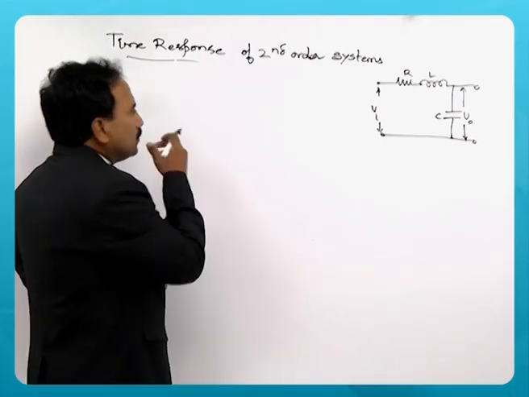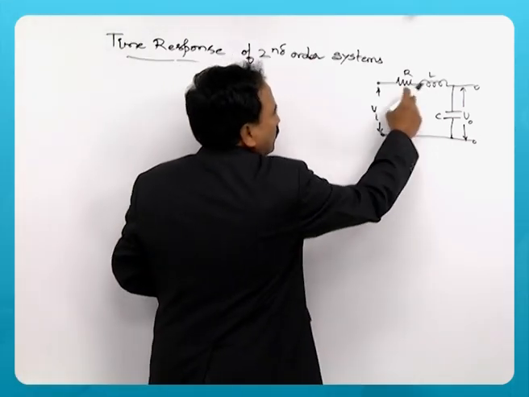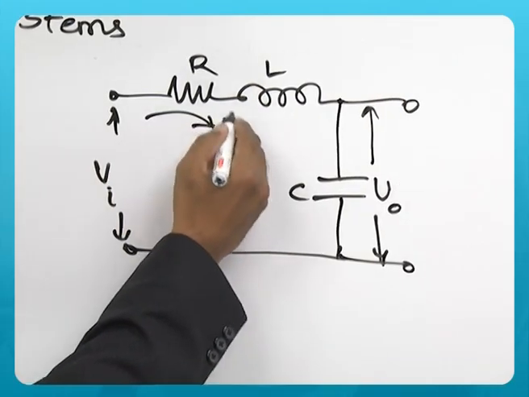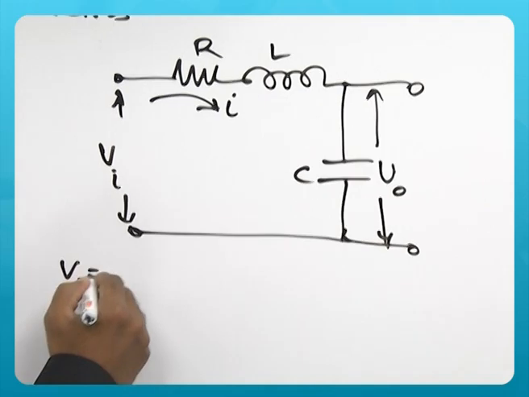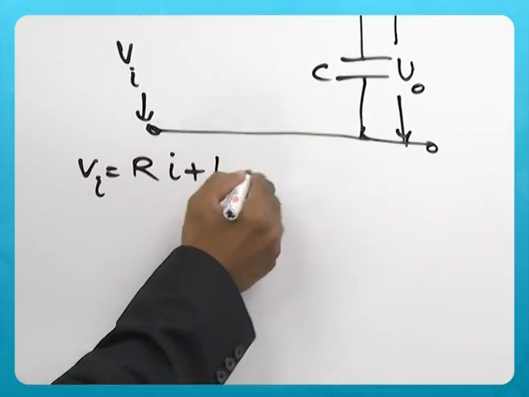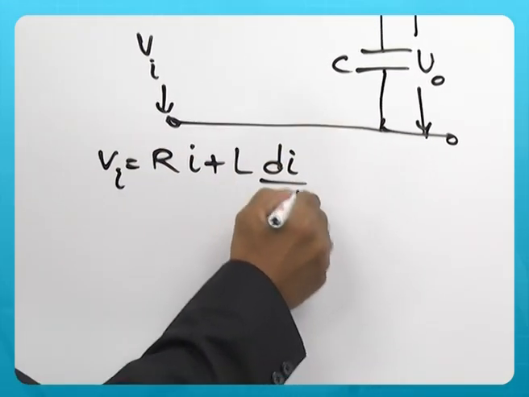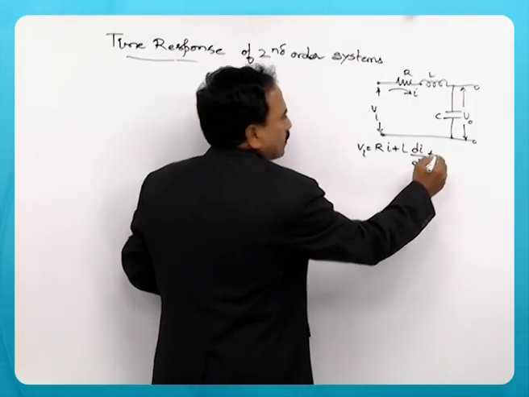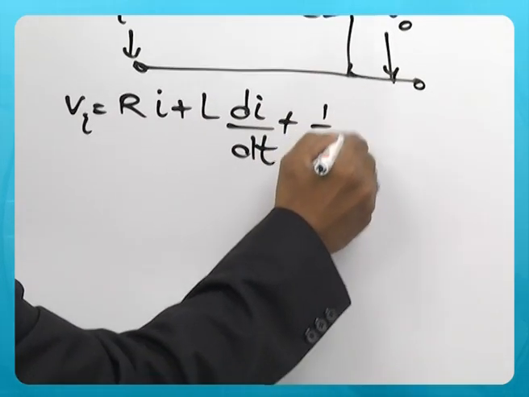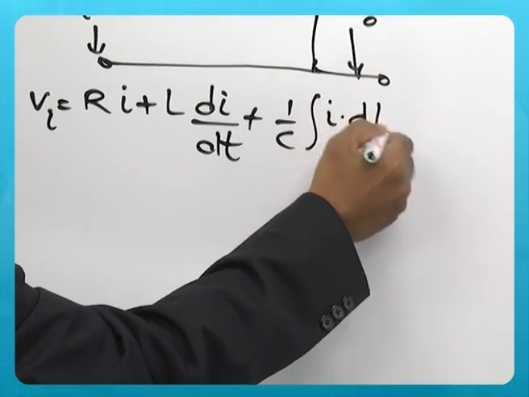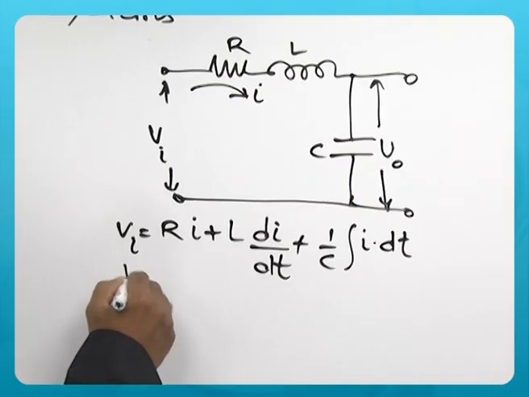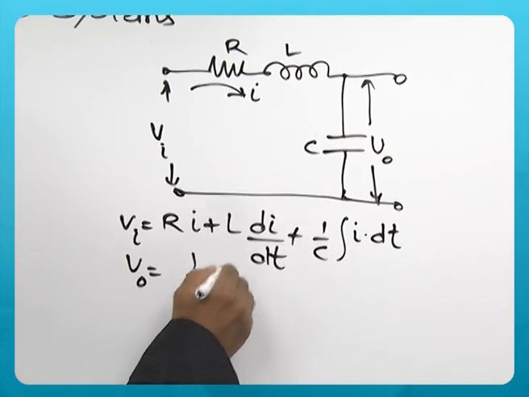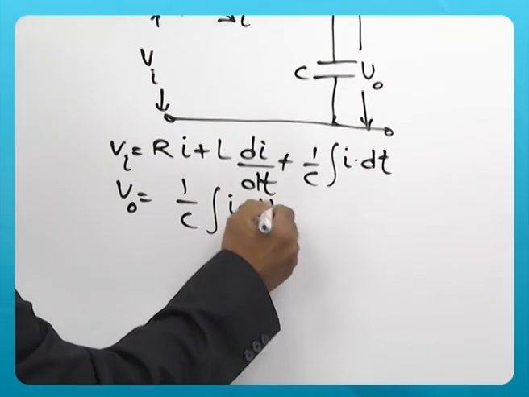So, as usual, when you apply KVL to this particular loop, assuming I in the circuit, Vi is equal to Ri plus L di by dt plus 1 by C integral I dt. This is one equation, and V0 is 1 by C integral I dt is the second equation.